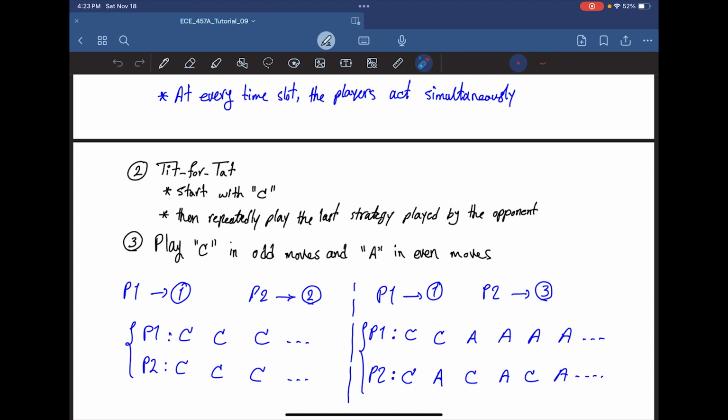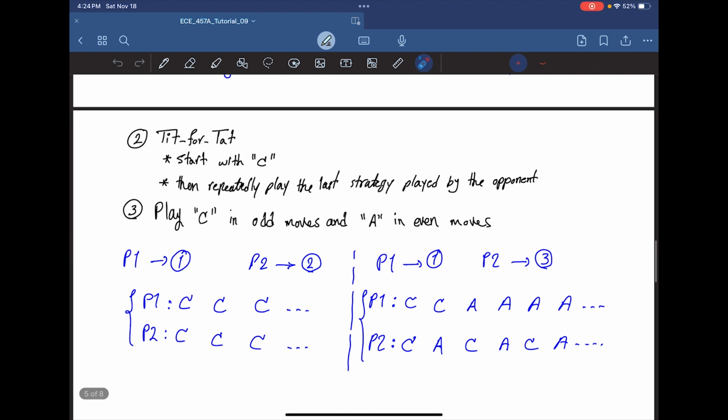The result will be the same. So in this game, we can say that tit for tat has no advantage over Grim, or Grim has no advantage over tit for tat. If one player plays tit for tat and the other plays Grim, they achieve the same result.